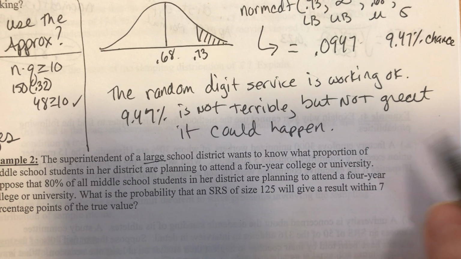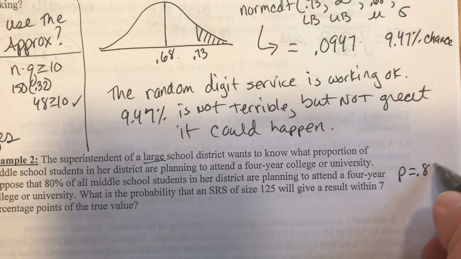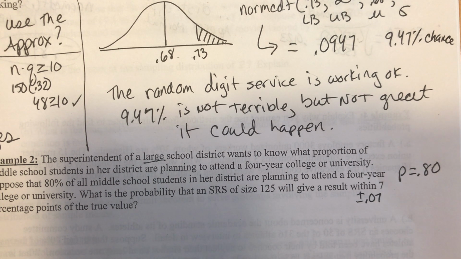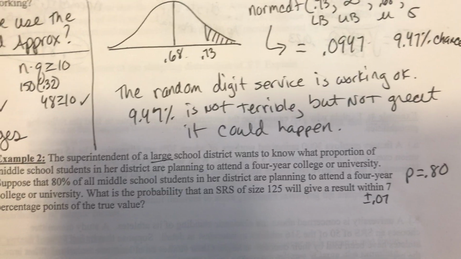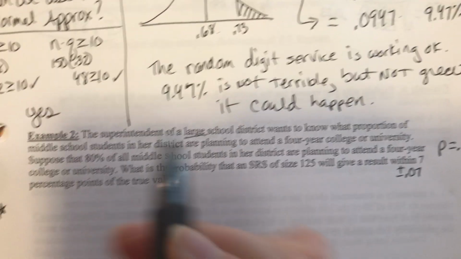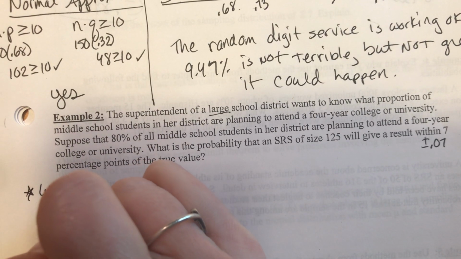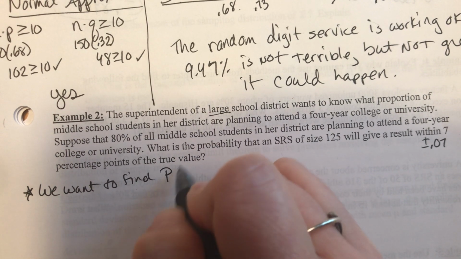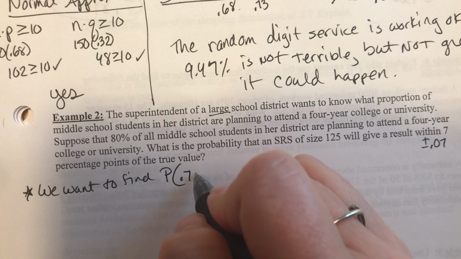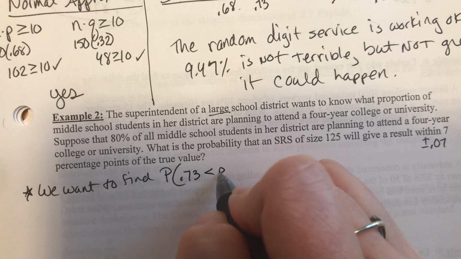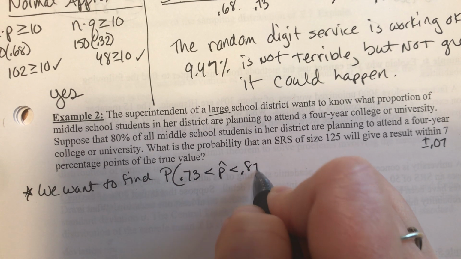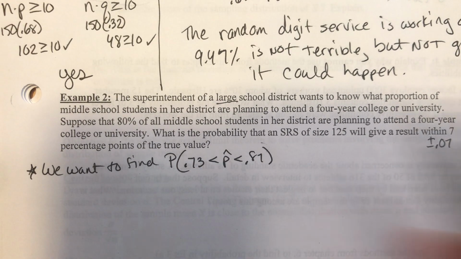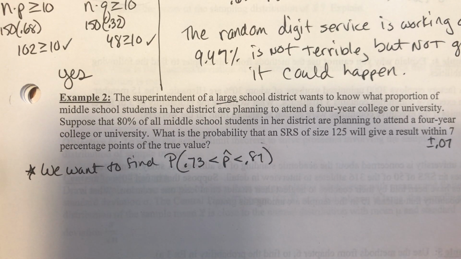So if the truth is P equals 0.80, we want to go up or down 0.07 from that, 7 percentage points. So what we want is to find the probability that our P hat is going to lie between 0.73 and 0.87, 7 points higher and lower than 80%.